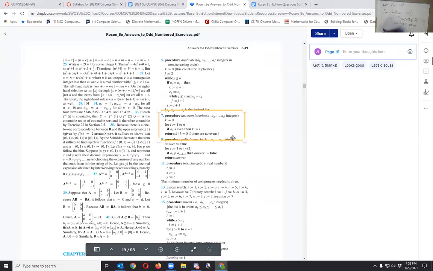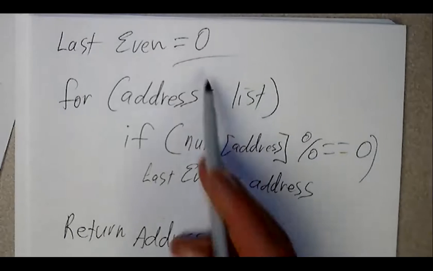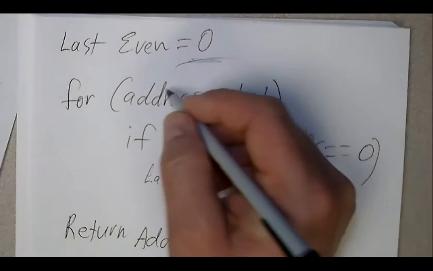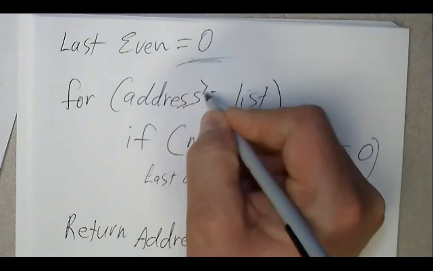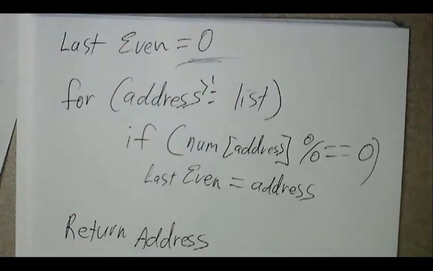Basically at the bottom it says return address, and we can see that if there are no evens, then it's still going to have an address of 0, as long as we start at an address which is greater than 1. But again, that's not necessarily guaranteed. And if you're working in a language like Java, where the first address is 0, then I would encourage you to return a -1.